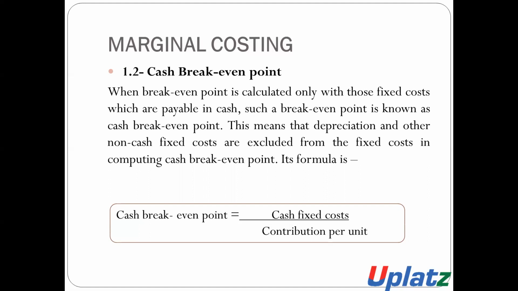This means that depreciation and other non-cash fixed costs are excluded from the fixed cost in computing the cash break-even point, because they are costs which are not payable in cash.